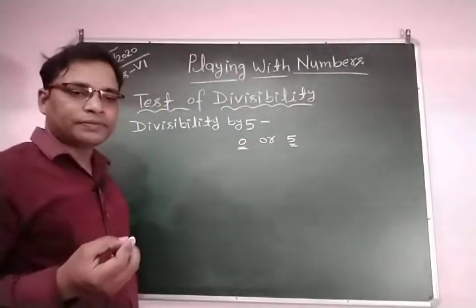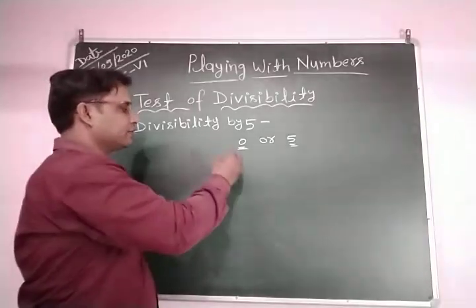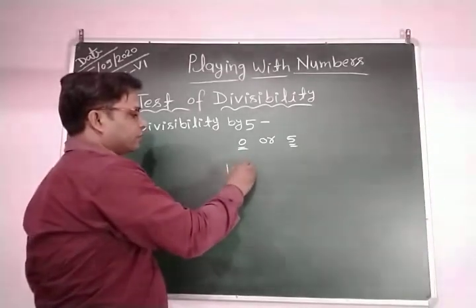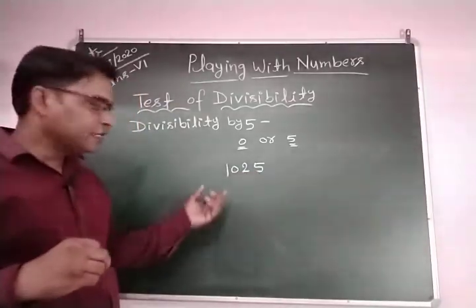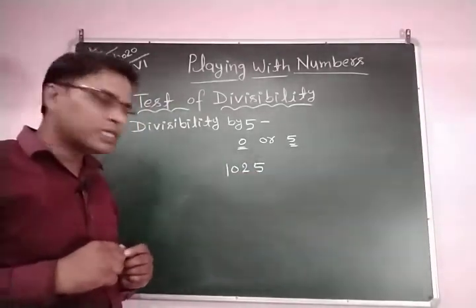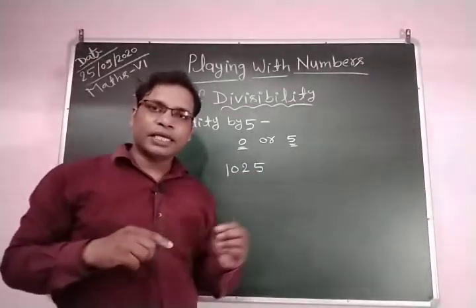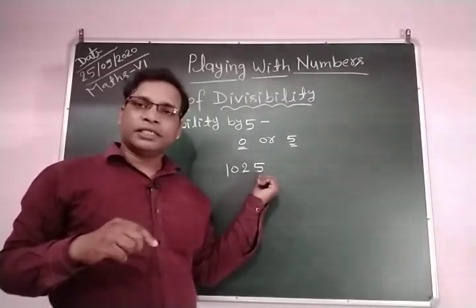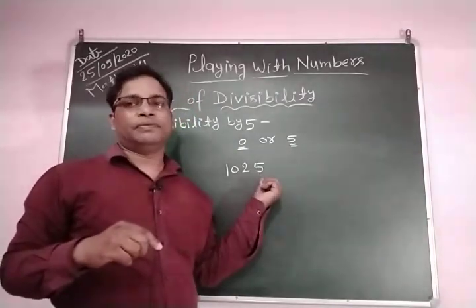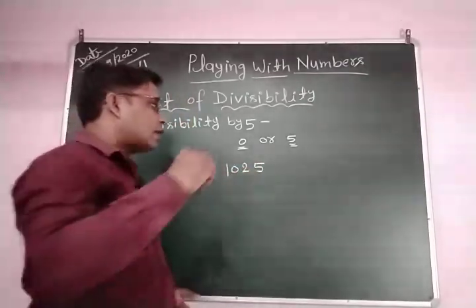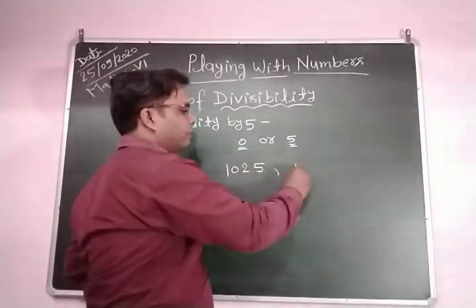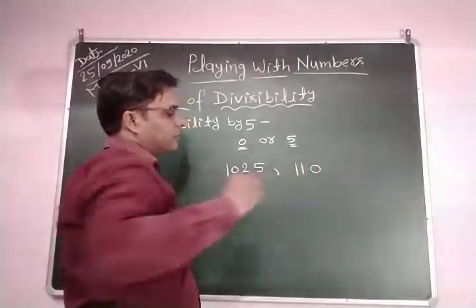For example, you can take 1025. This number is divisible by 5. Why? Because its last digit, or ones digit, is 5. You can take another example, 110.